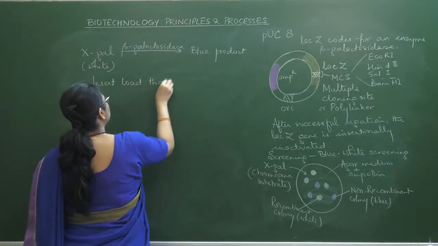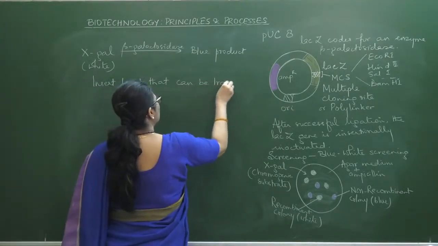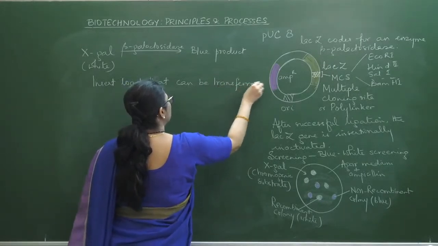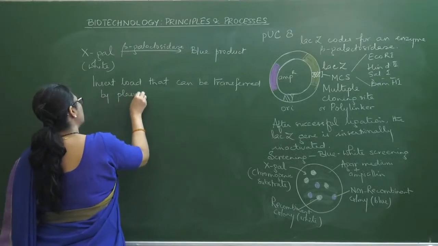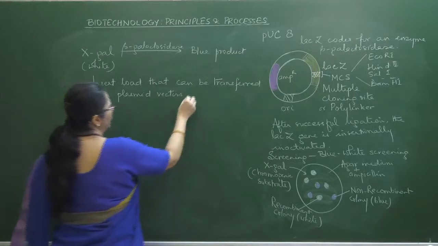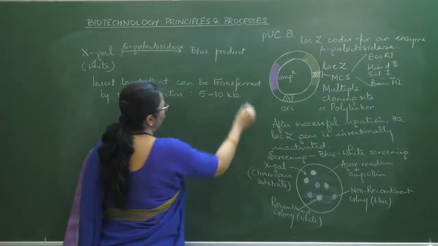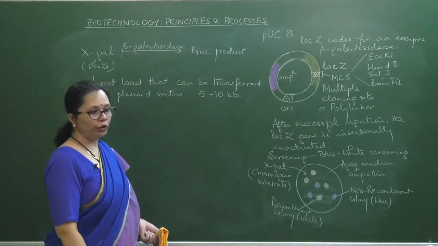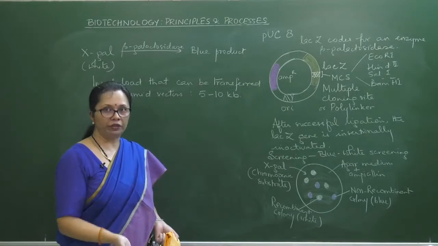The insert load that can be transferred by plasmid vectors is within 5 to 10 kb, not more than that. kb is kilo base pairs.